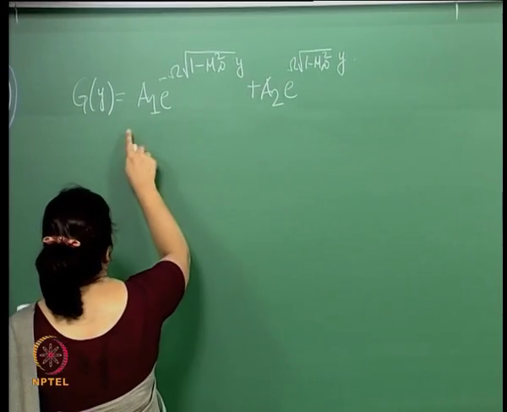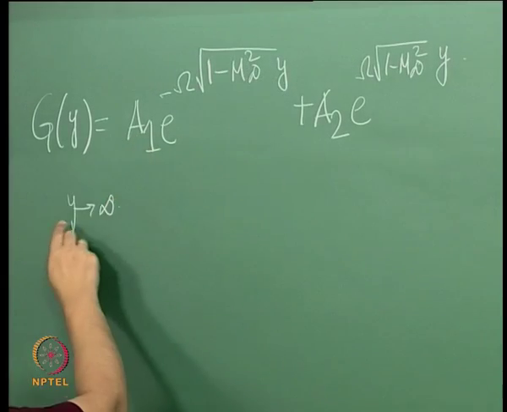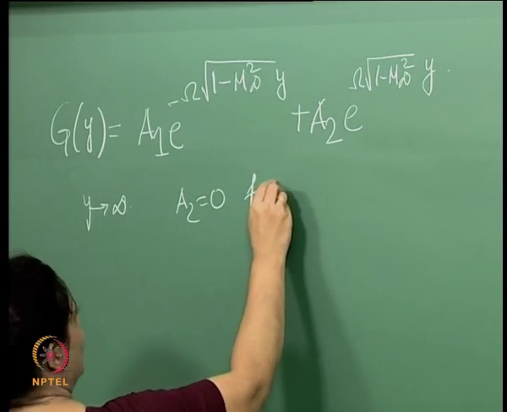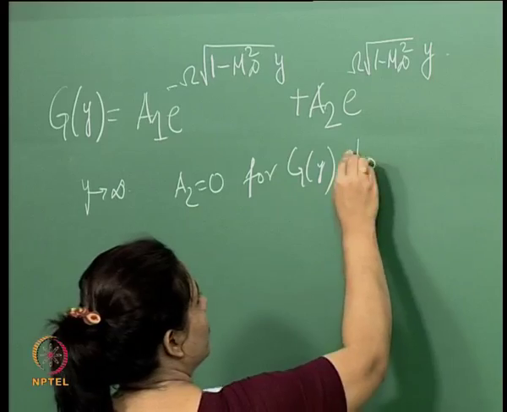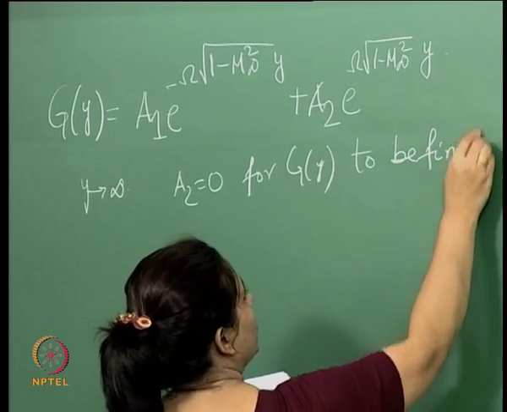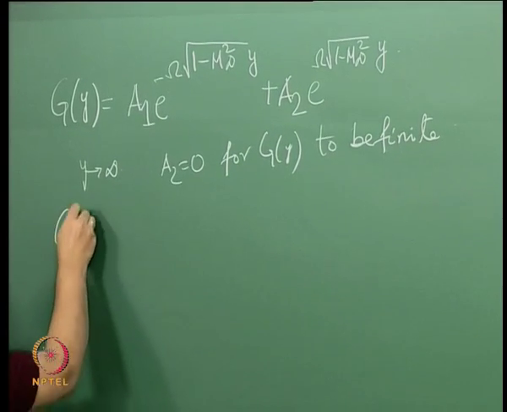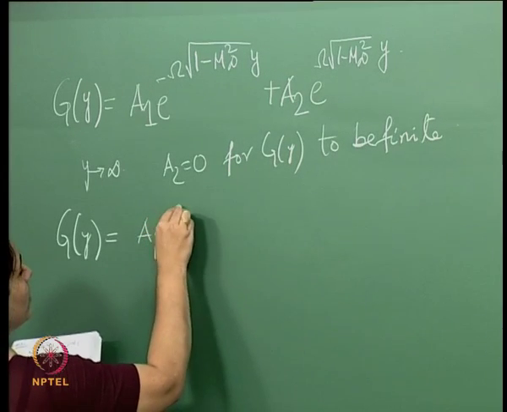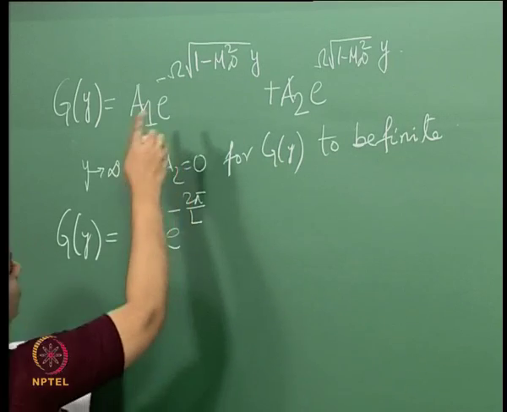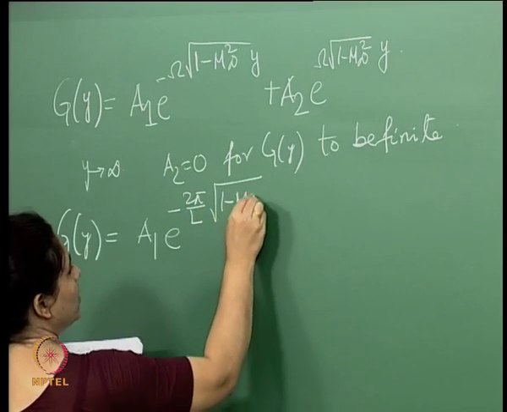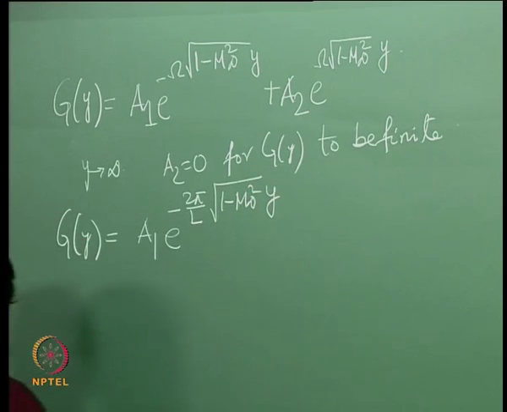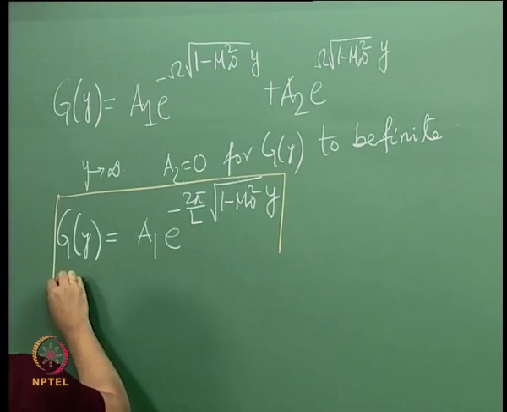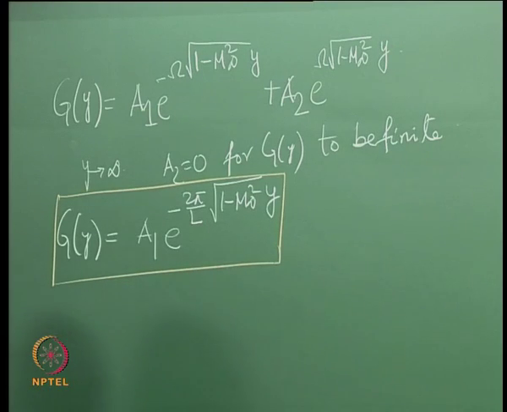We also said that as y tends to infinity, for this to remain finite, this was the condition we used, so that gy becomes 2 pi by L again, to 1 minus y. So this is my expression for gy.